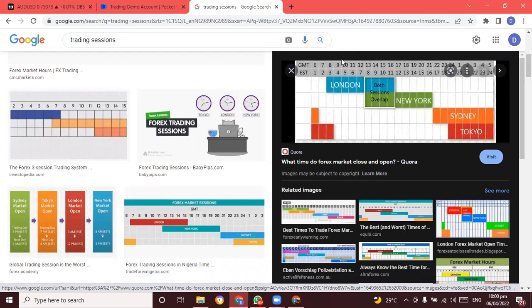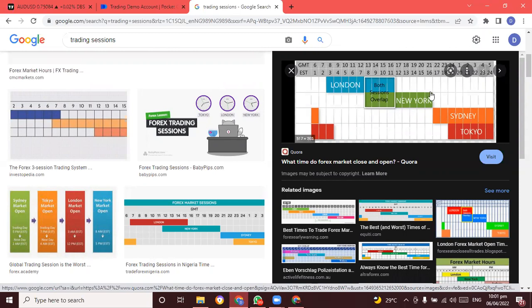What time are we right now? GMT, 10 p.m. will be what? 20, 21, 22, 23. Is it 22? 10 p.m. is 22, you can see.